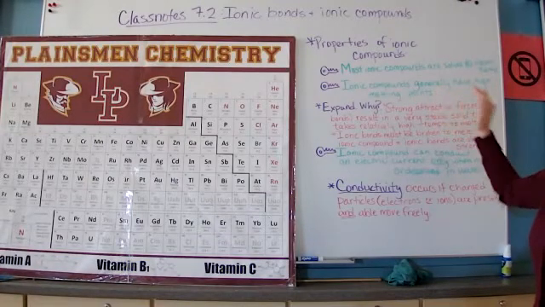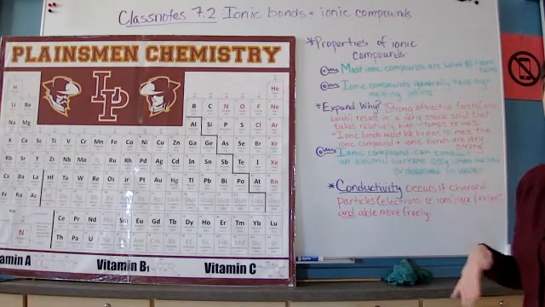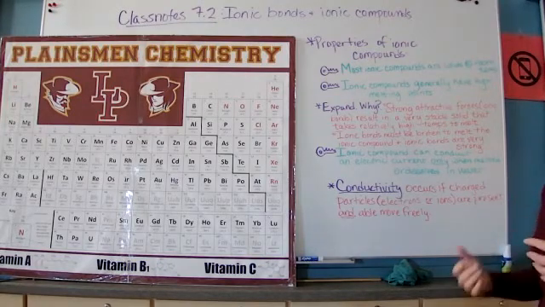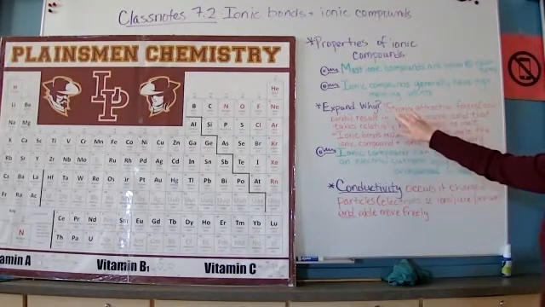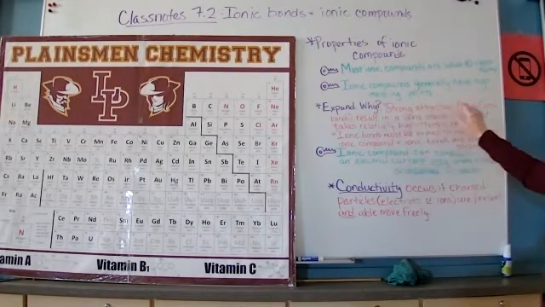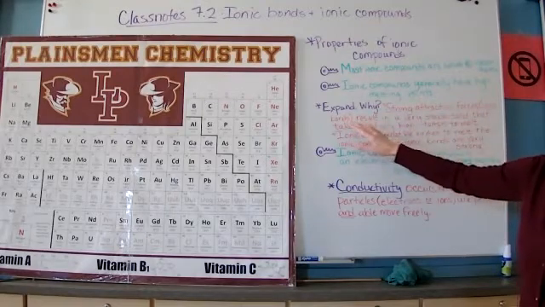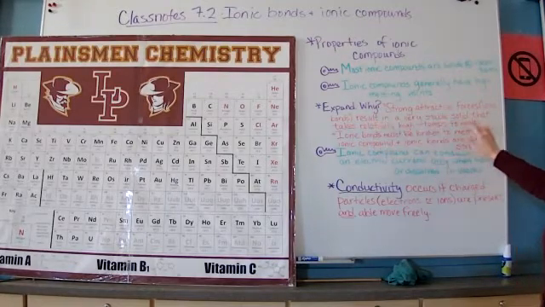Ionic compounds, we know, are composed of cations and anions that are bonded to each other, right? These are through ionic bonds. These strong attractive forces, which are the ionic bonds, result in a very stable solid that takes relatively high temperatures to melt.